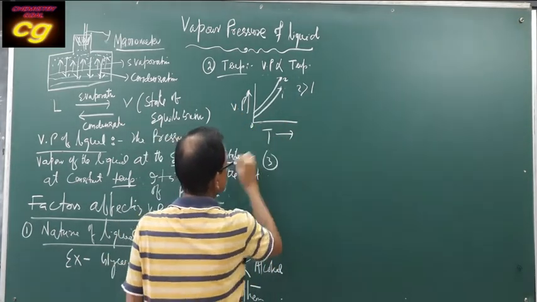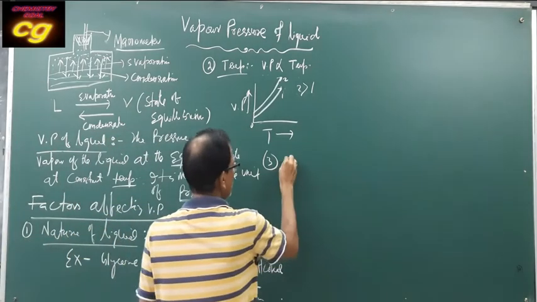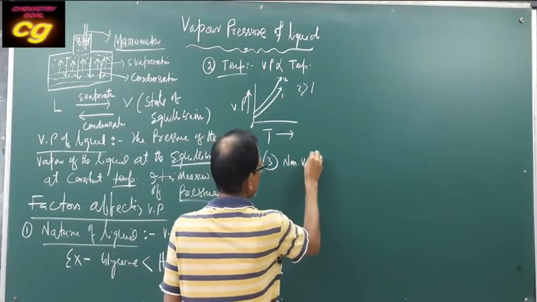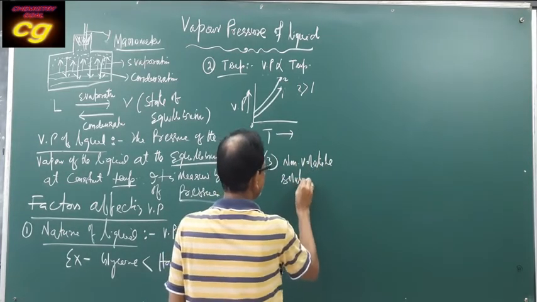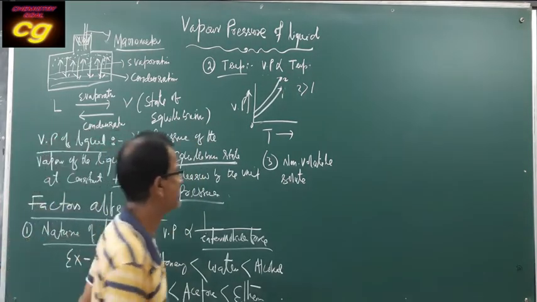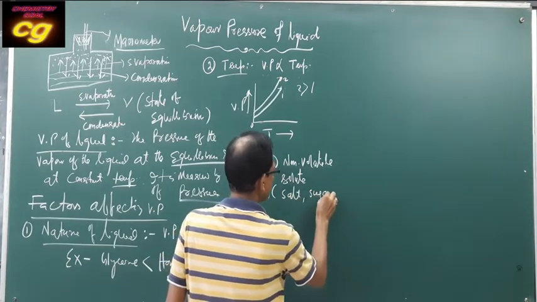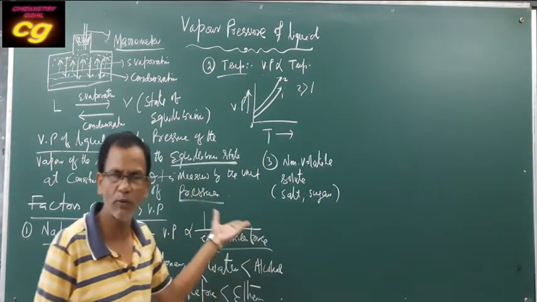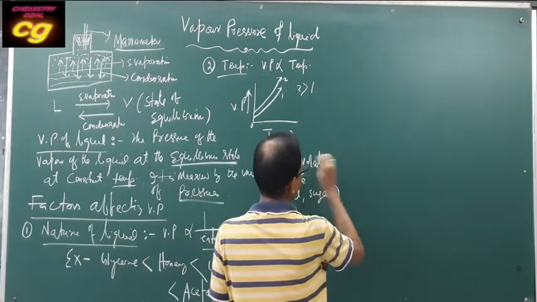Then the third one is the non-volatile solute, like salt, sugar. If it is non-volatile, then it decreases the vapor pressure.